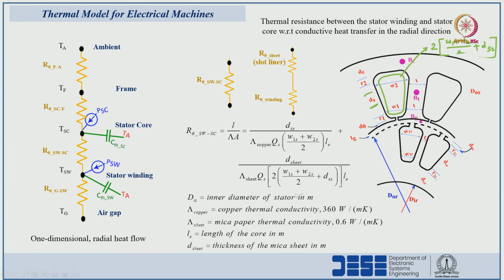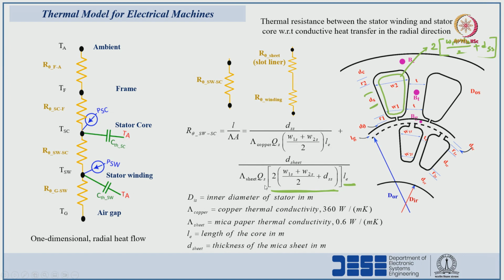The same equation I am presenting here: this is the x axis direction length, and LE represents the stator core length in the y axis direction. If we make the multiplication, it will give the area with respect to the insulating sheet placed in one particular slot. If we multiply by the total number of slots, we get the total thermal resistance.